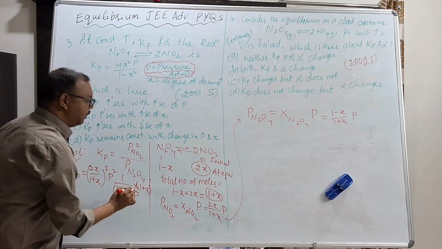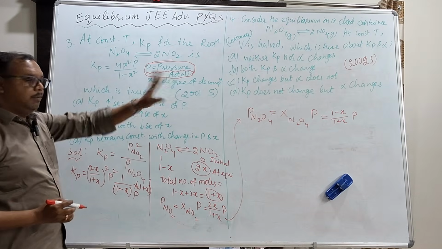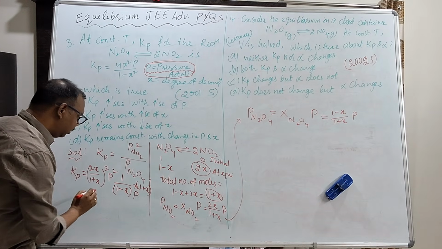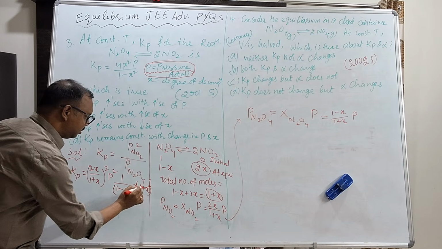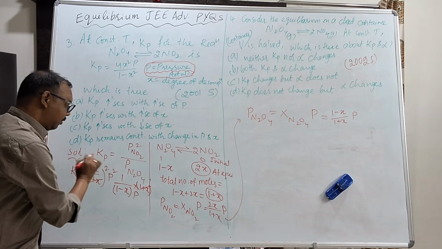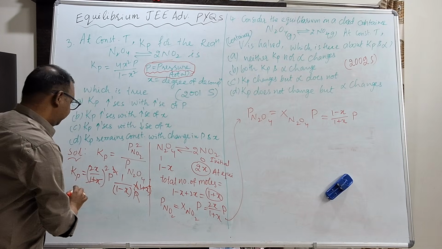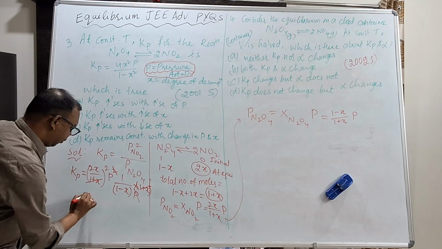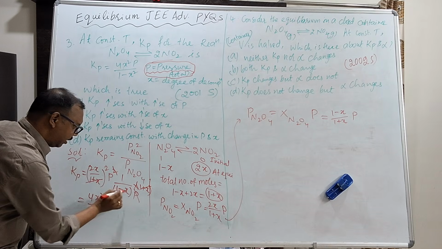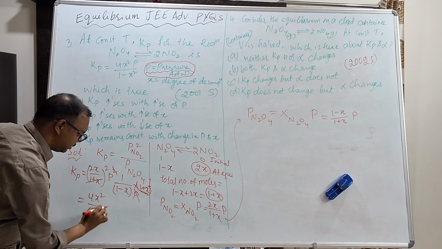One of the 1 plus x cancels out and one more remains, and P square and P cancel out. Therefore, I am rewriting here 4x square by 1 plus x, one part of the 1 plus x has been cancelled, one more 1 plus x remains the same.